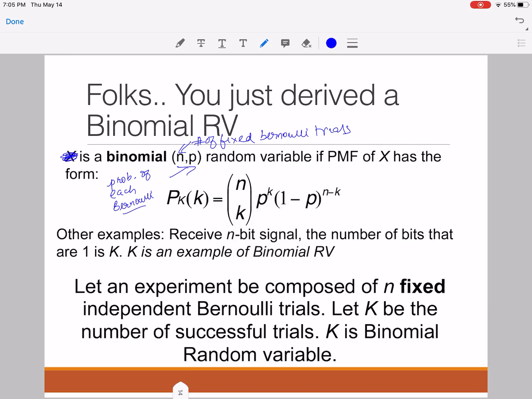Well, let me use k instead. So k is a binomial random variable, and the PMF of k has this form: probability that k is equal to small k is n choose k times p to the k times 1 minus p to the n minus k.